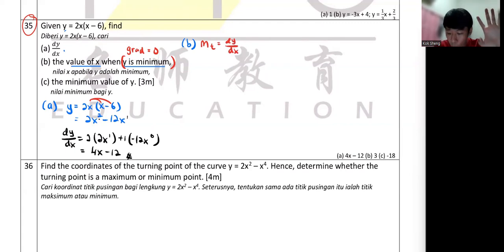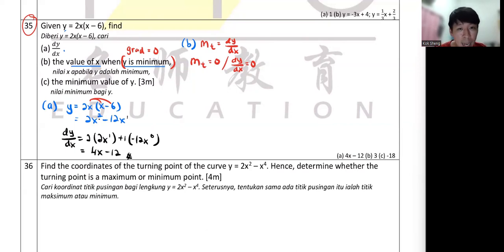Okay, I repeat here. The y is a curve. Gradient of y is 0. So the gradient of curve is 0 also, which means that the curve gradient, which is dy dx, is equal to 0. So it's the same thing. The MT also equals 0. It's the same as what we did just now.